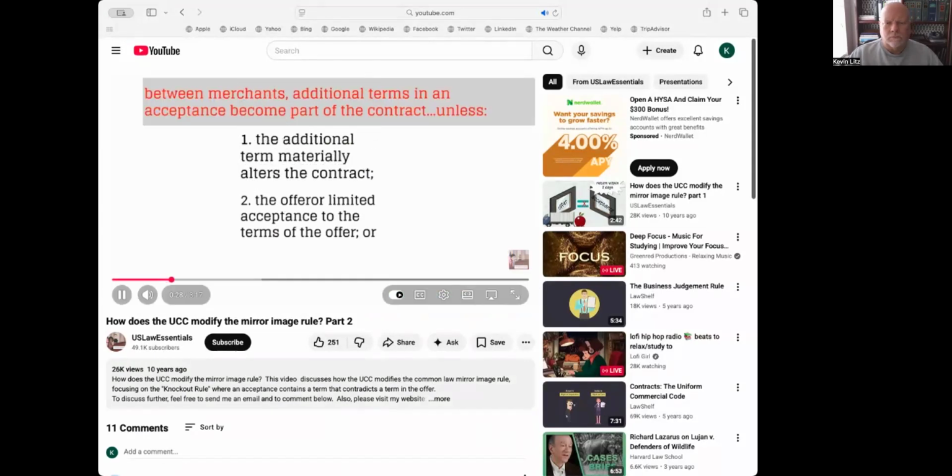And we learned additional terms can become part of the contract unless they materially alter the contract, or if the offerer says you can't add any terms to this offer, or finally, if the offerer objects to the additional terms within a reasonable amount of time.